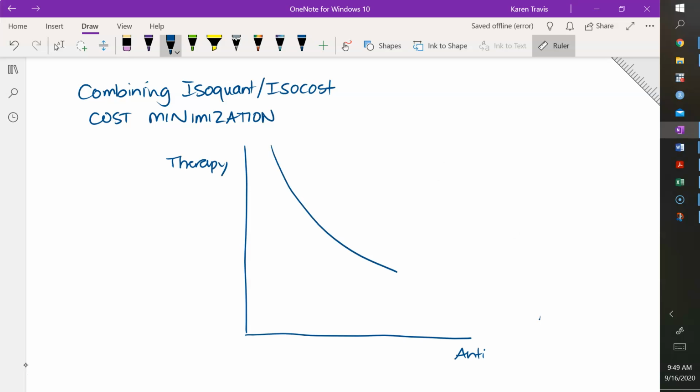And let's draw some isoquant that was depicting the various combinations of the two inputs that could produce care for the patient. So let's think about some points here. Now we can give them numbers. Sometimes that's helpful. Let's make these look like this, and it is curved.